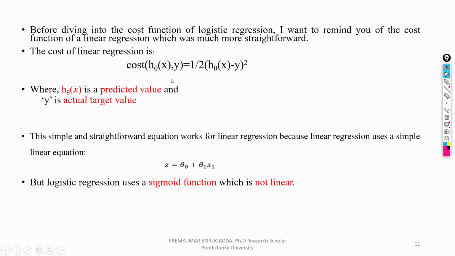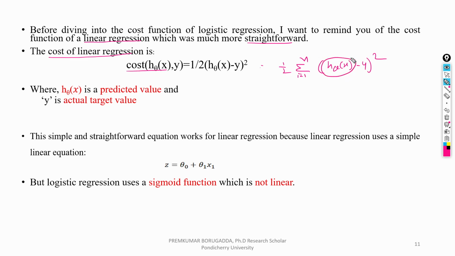Before diving into the cost function of logistic regression, I am reminding you of the cost function of linear regression, which is straightforward. The cost function is 1 by 2 sigma i equals 1 to n (h theta of x minus y) whole square.